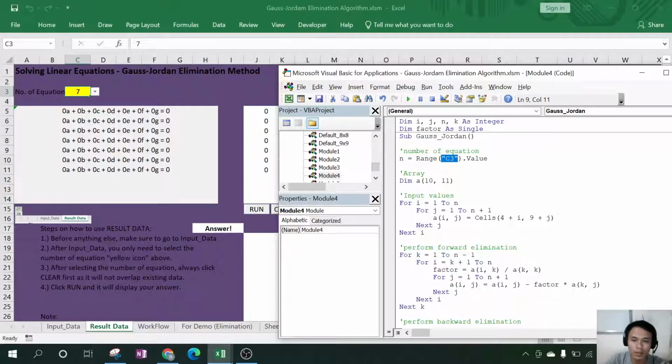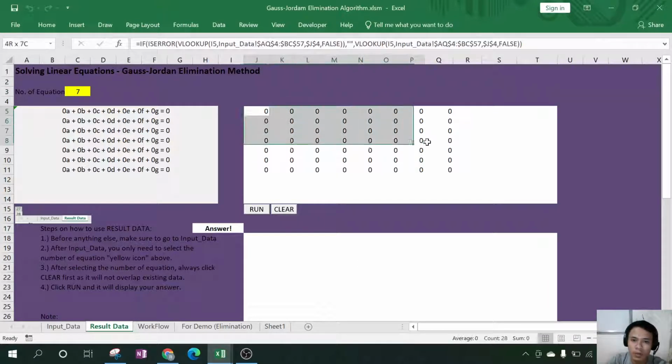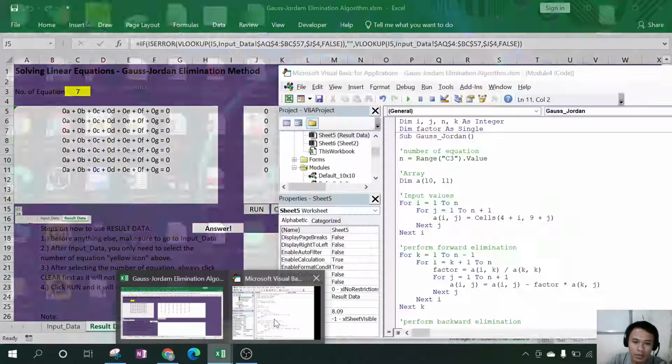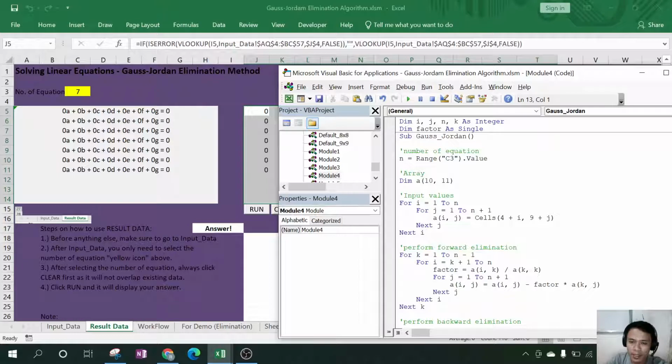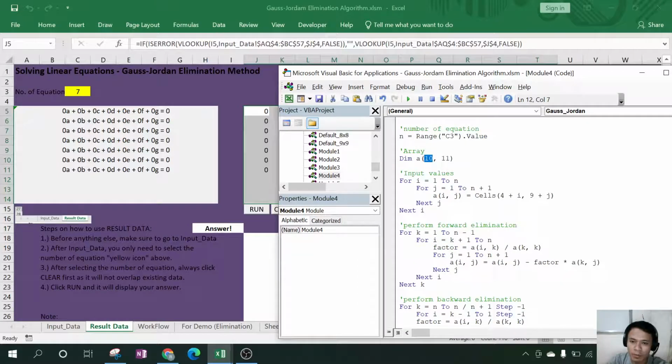Then the dimension array states the size of our matrix. So here, the maximum size of our matrix is 10 by 11. That is 10 rows, 11 columns.